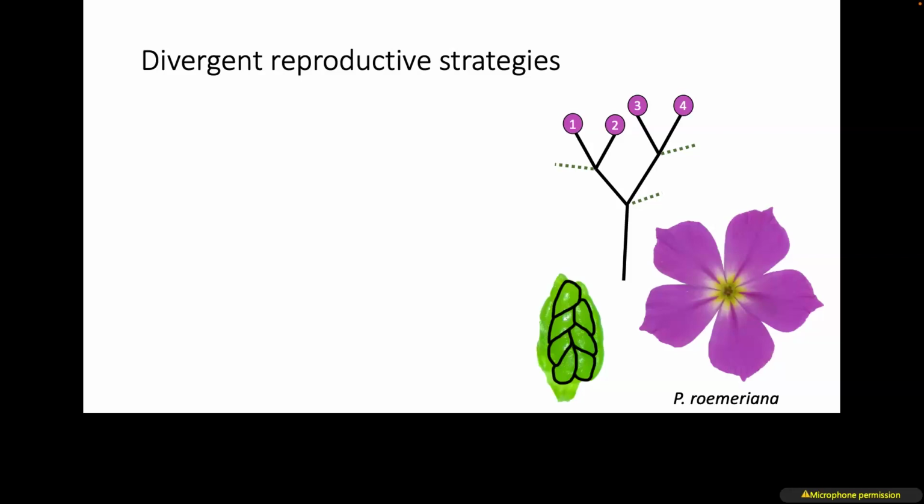Again, roemeriana produces many ovules per locule, typically 4 to 10. They also have the largest flowers in the genus. The schematic at the top there is showing that there are typically 4 flowers per inflorescence. So we have large flowers, 4 flowers per inflorescence, and producing lots of seeds per fruit.